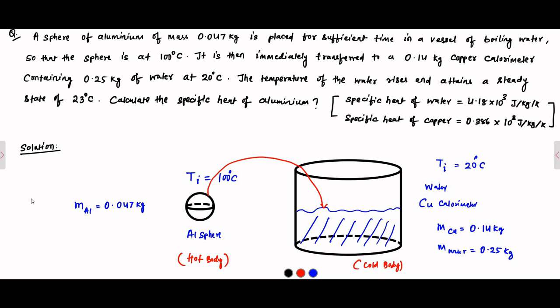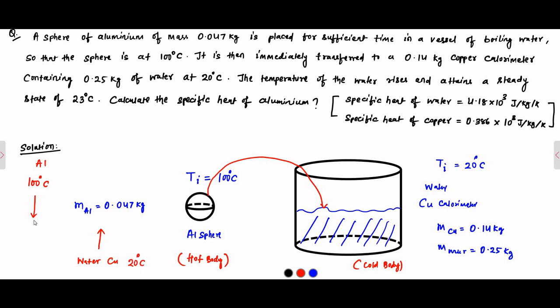So the temperature of this aluminium sphere will drop, and the temperature of the water and copper calorimeter combination will increase from 20 degrees Celsius.